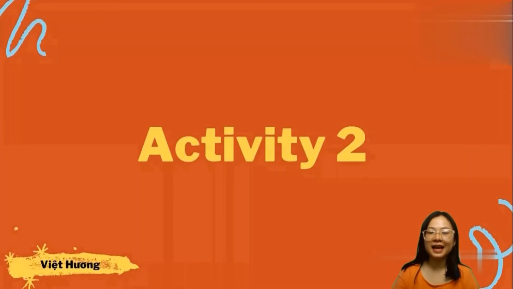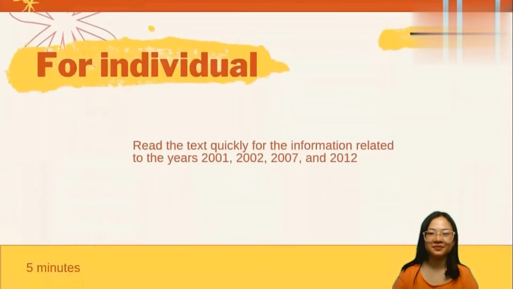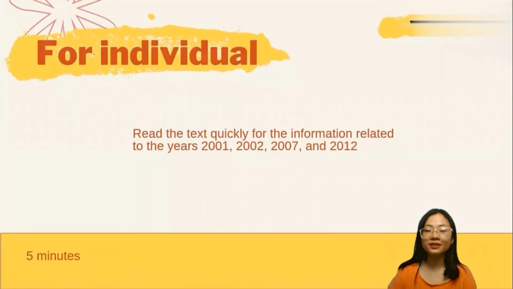Move on to the second activity, reading text. You should read the text quickly for the information related to 2001, 2002, 2007, and 2012. You have 5 minutes to do it individually. And now time's up.